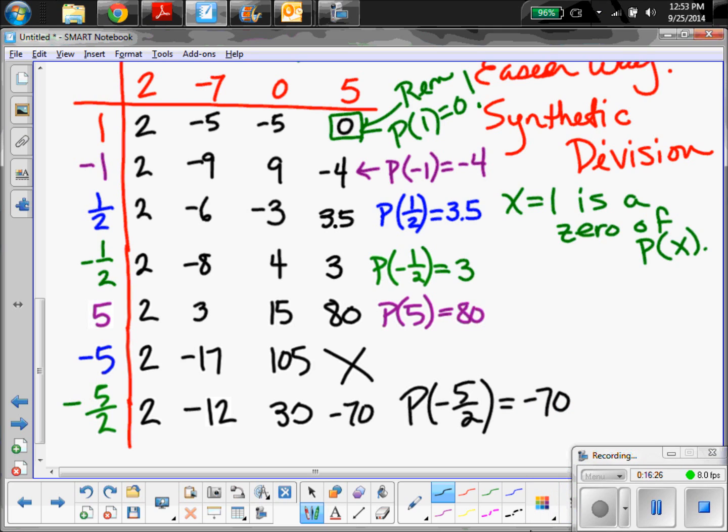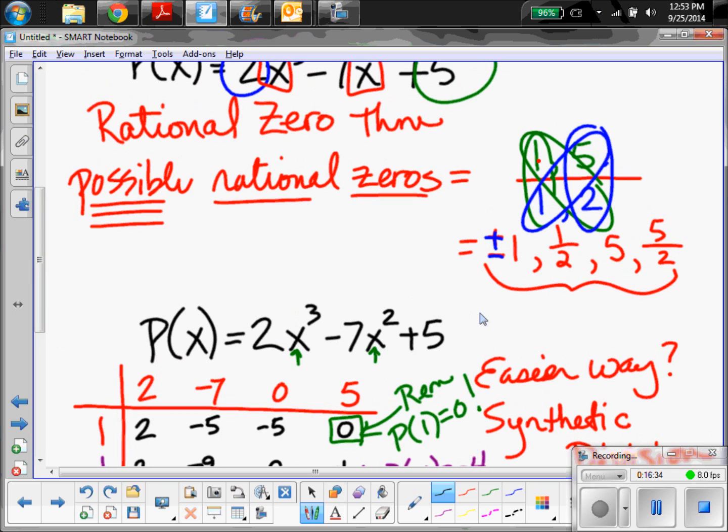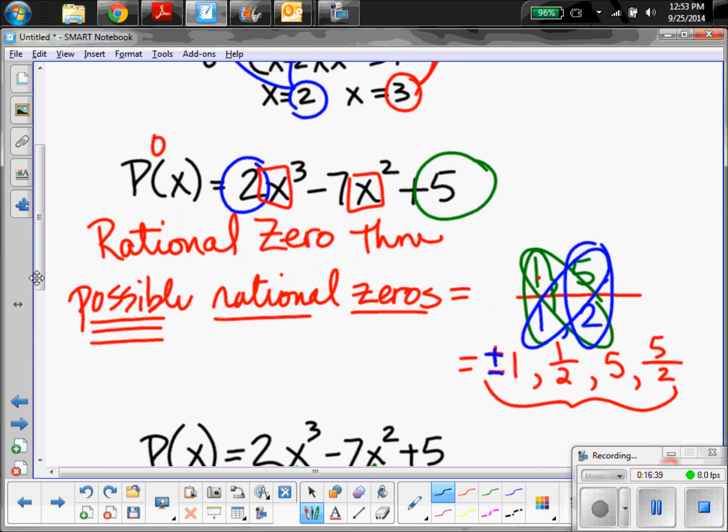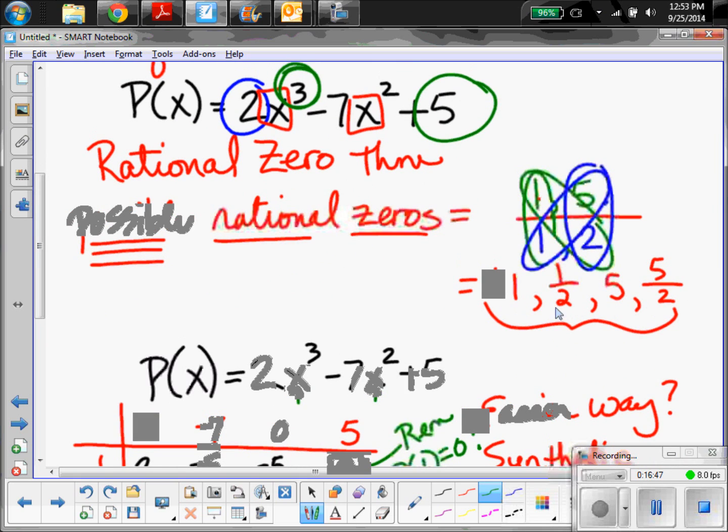So the moral to the story is that through this process of finding the possible rational zeros, there were 8. I've got to have 3 zeros total, first of all. 8 numbers were possibly the rational zeros.